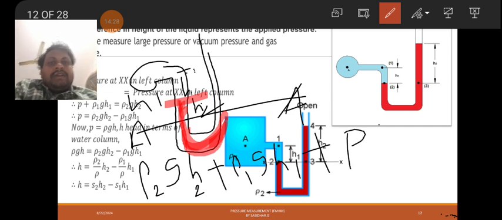Here we are measuring the vacuum pressure. The heavy liquid, as you observe in this diagram, is entirely in the left limb.